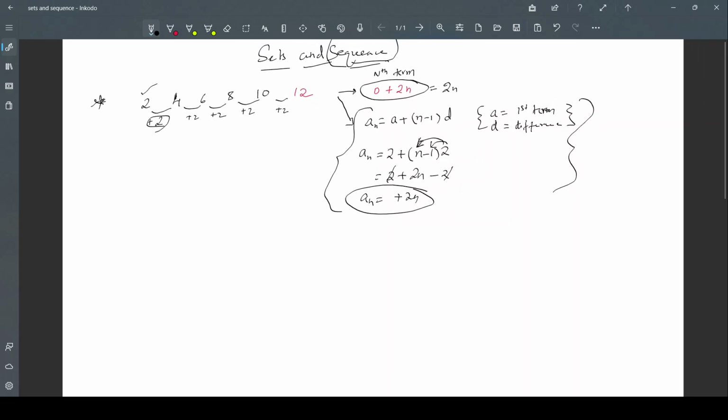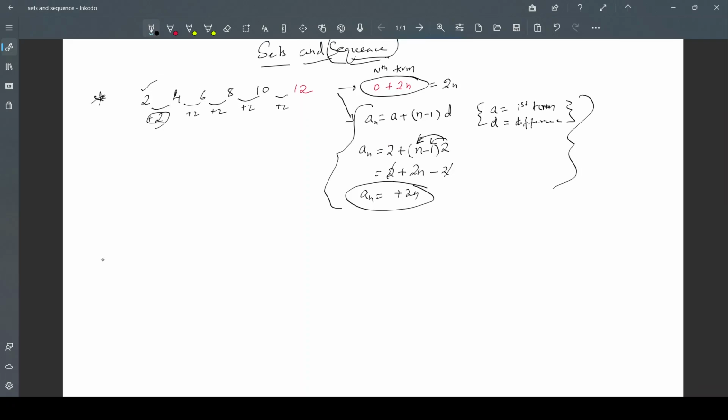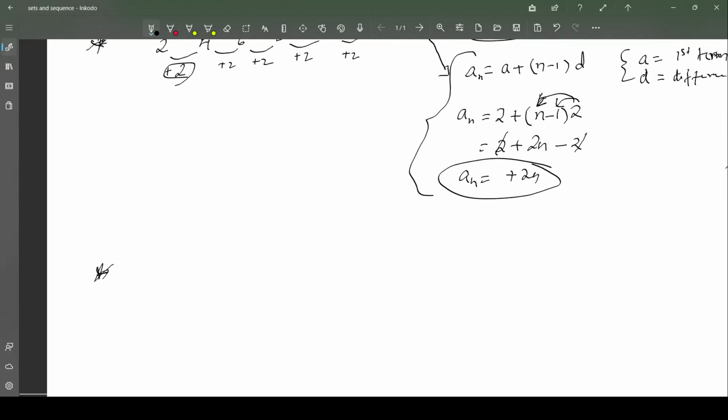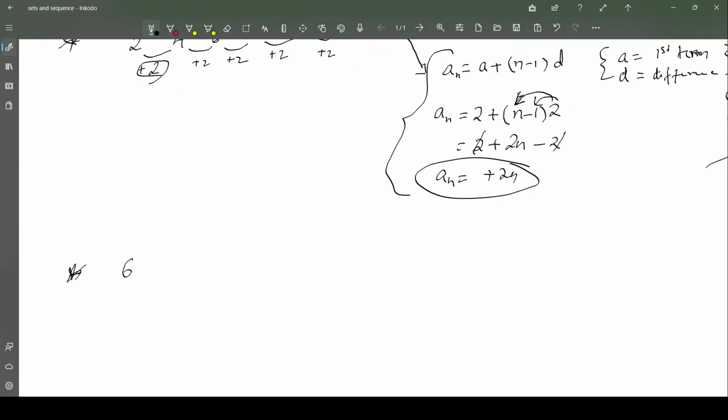So this is the sequence when we have a proper difference between the numbers, right? But let's say if we don't have the proper difference, let me take an example in which there will be a second difference. So let's say we have 6, 11, 18, 27, 38, 51, right?